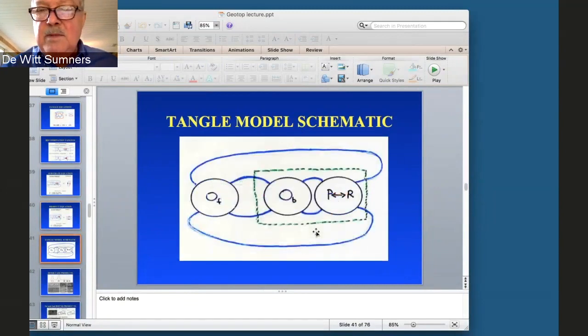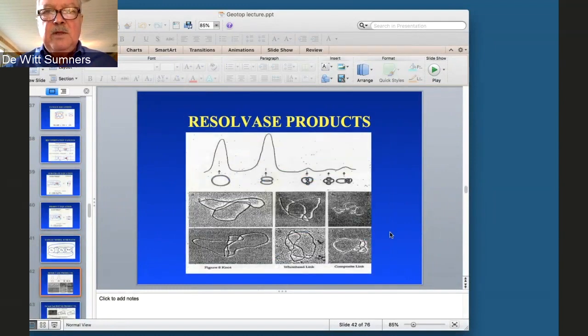So here's the tangle model schematic. You've got whatever's happening outside, which usually you can detect in an electron micrograph of the synaptic complex. You've then got the bound stuff and the P changing to R. And you want to figure out what all these tangles are. So here's what an experiment looks like. This is an experiment, again, done in Berkeley in the CHIRALITY lab by TN3 Resolves.